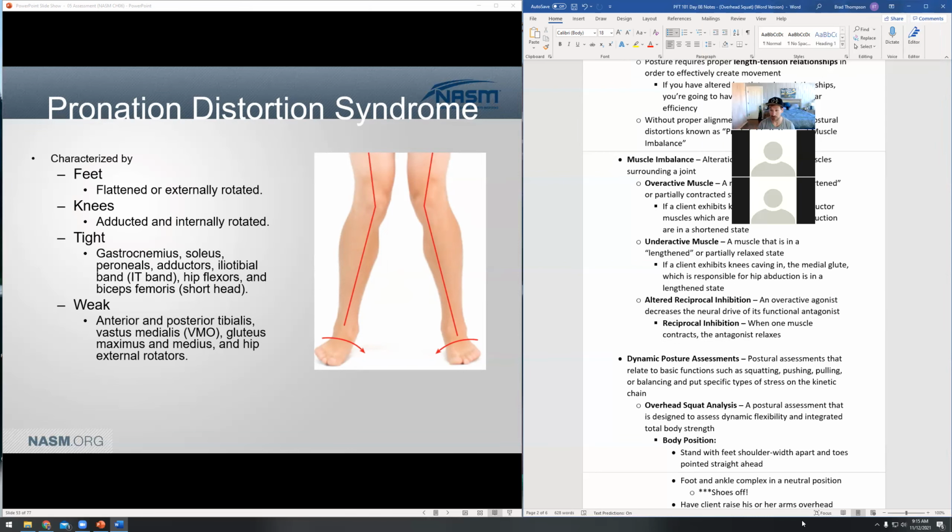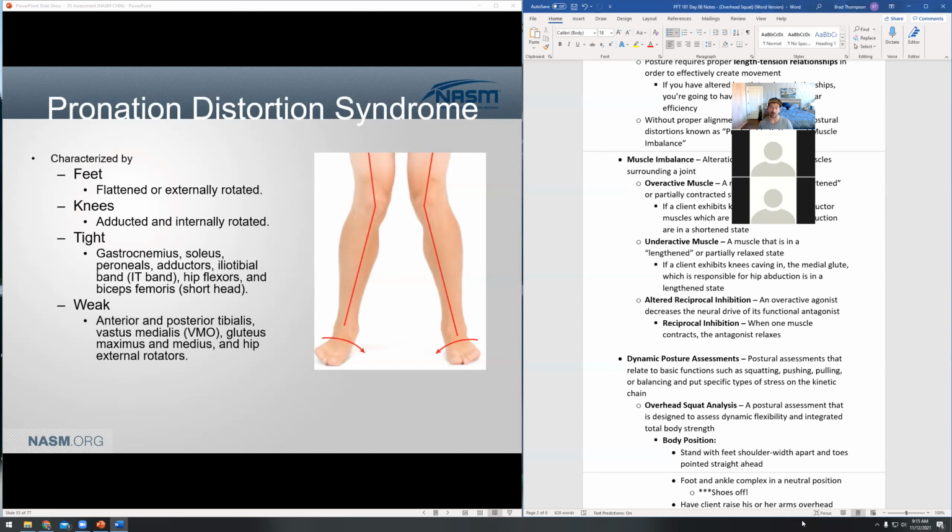We actually use reciprocal inhibition. You guys might recognize this. David, Dion, and Thomas, you will recognize this from our program design classes, right? We use reciprocal inhibition as a tool where we are trying to get our clients to relax one of their muscles. The way we do that is we basically contract the other muscle as often as we can, right?